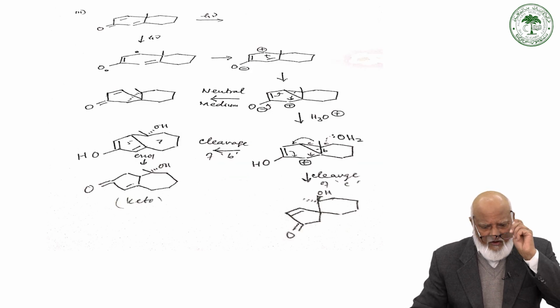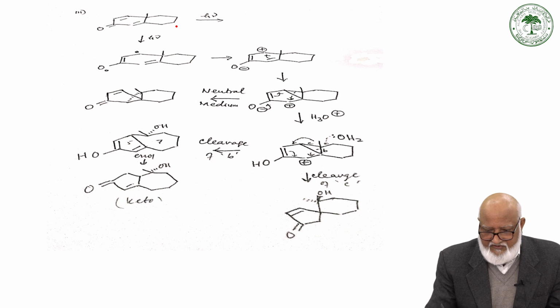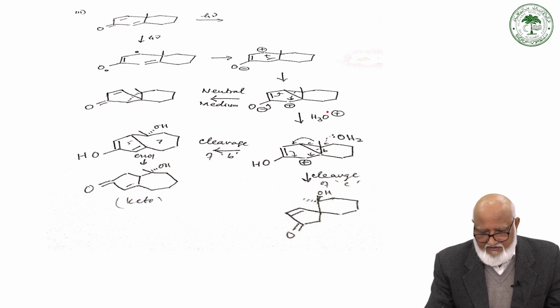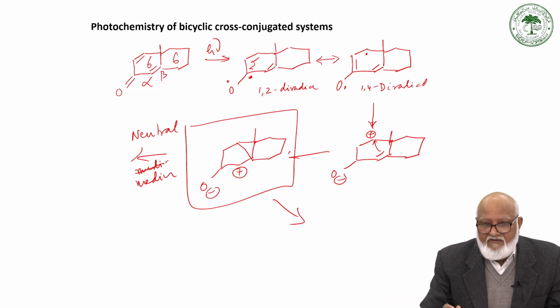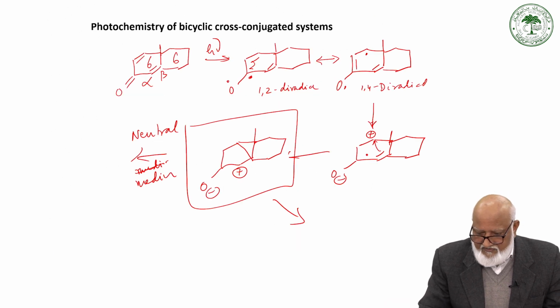These are the steps involved in this one. Up to this we have already done, and we just left one double bond here, because we have a double bond, okay.